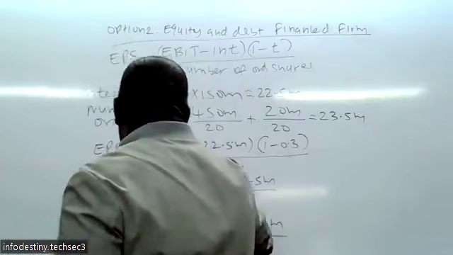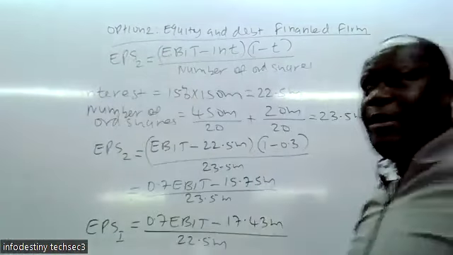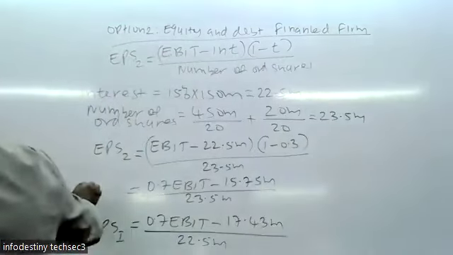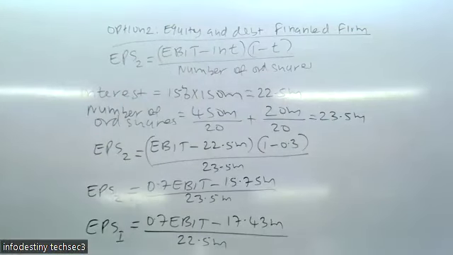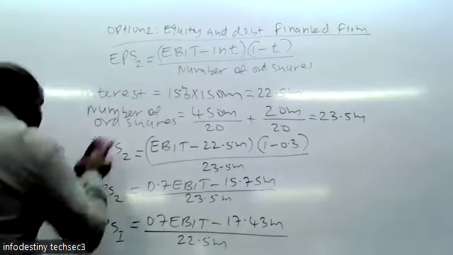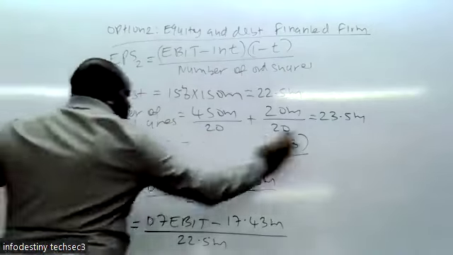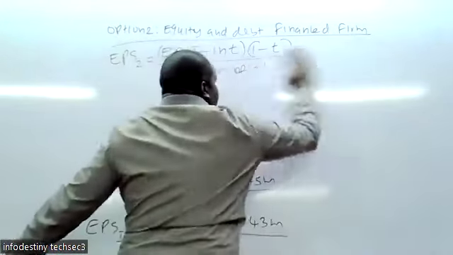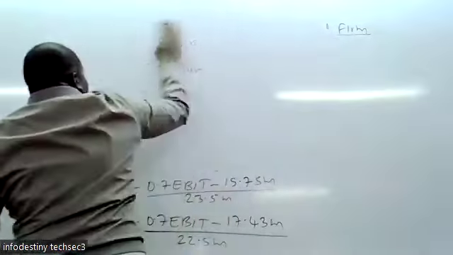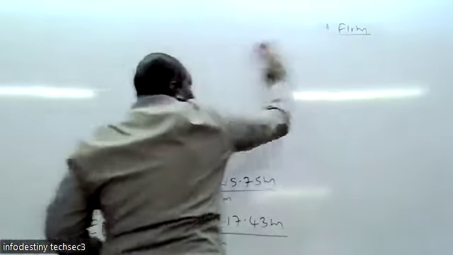So we now have the two equations. We go back to our initial definition, where we say that at the point of indifference, earning per share for option 1 should be the same as earning per share for option 2.